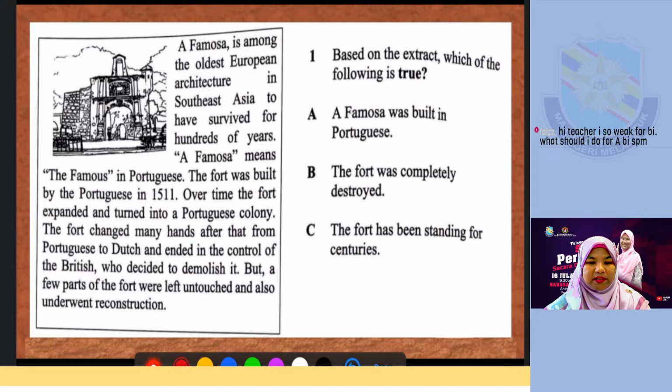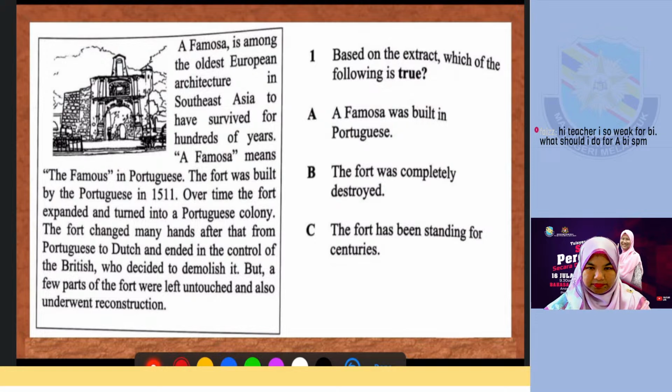Over time, the fort expanded and turned into a Portuguese colony. The fort changed many hands after that, from Portuguese to Dutch, and ended in the control of the British, who decided to demolish it. But a few parts of the fort were left untouched and also underwent reconstructions.